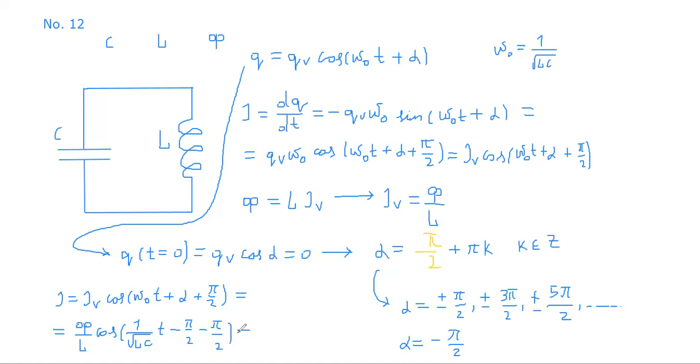And finally we have Phi divided by L cosine of t divided by the square root of LC. Okay, this is the answer.